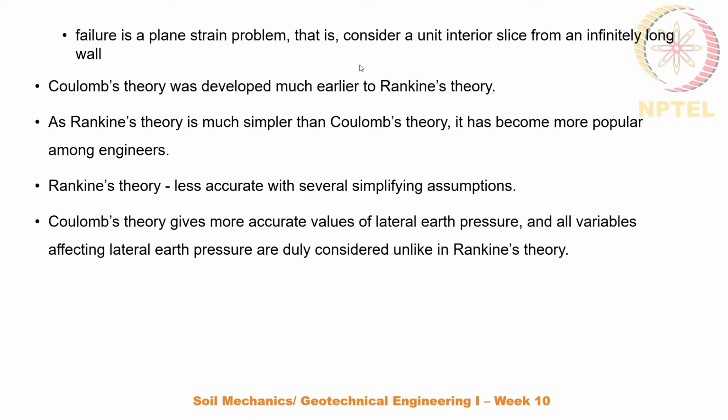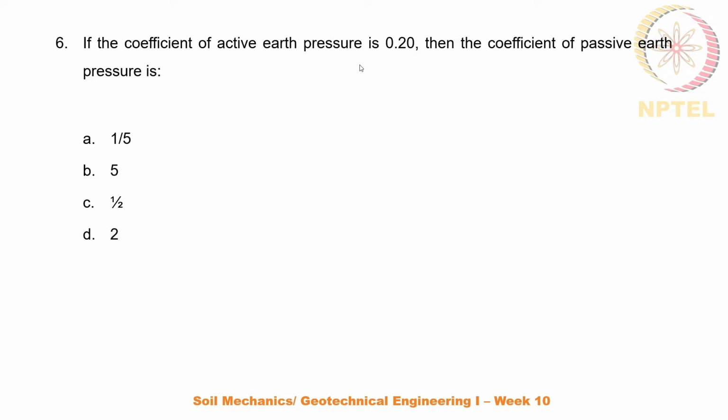So, in effect, Coulomb's theory gives more accurate values of lateral earth pressure, and all the variables affecting lateral earth pressure are duly considered, unlike in Rankine's theory. In the case of Rankine's theory, most of the complex parameters are simplified for easiness, and that's why it is popular among the engineers, not because it is more accurate.